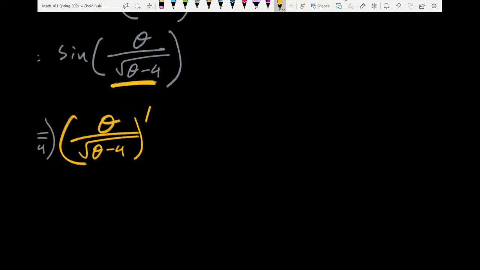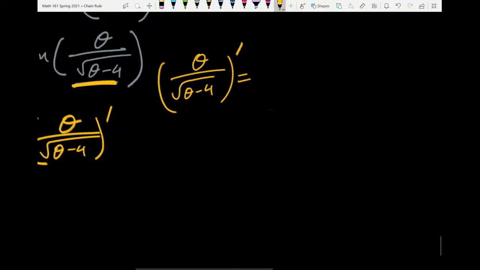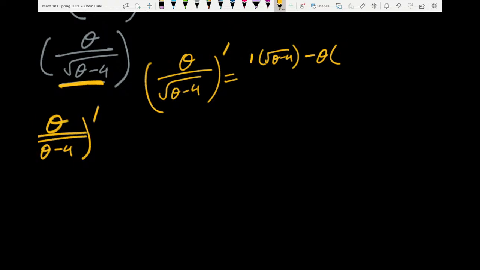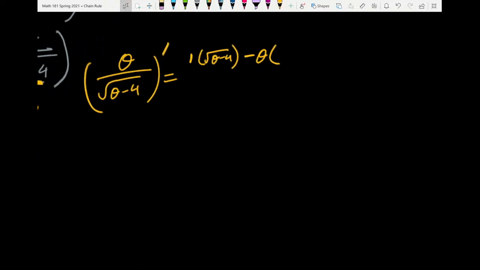Let's do it. Let's use the quotient rule. Oh, Lord. Let me rewrite this way: theta minus 4 to the 1/2. Boom. That makes my life so much easier.